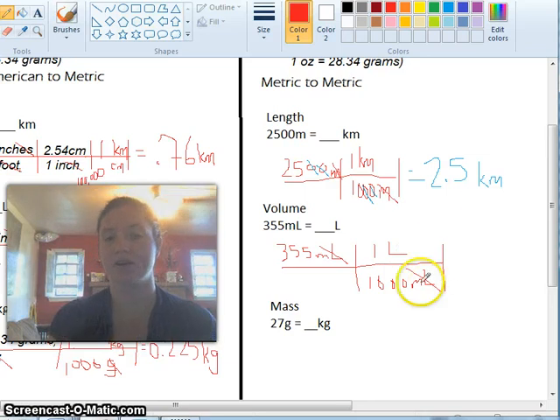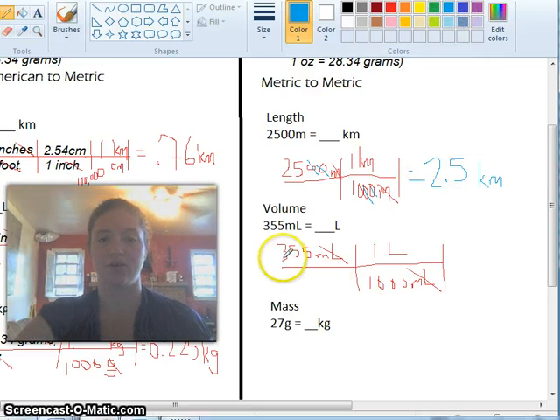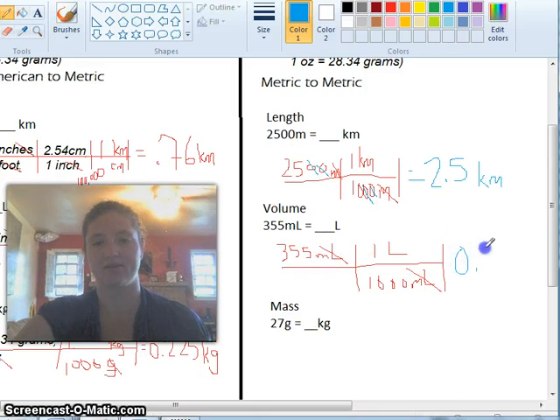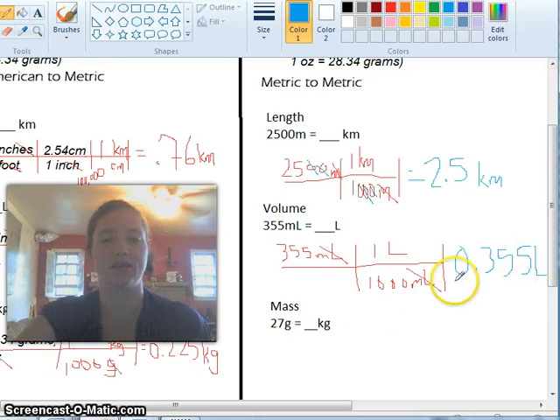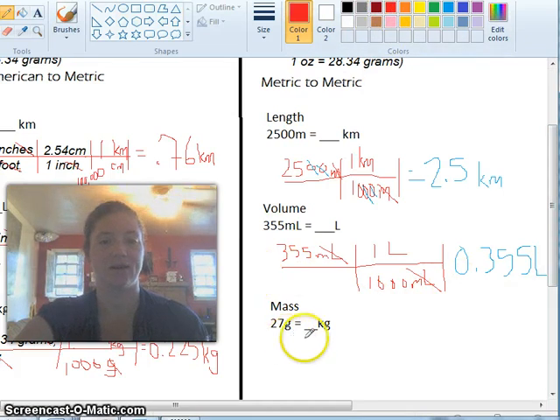Again, no extra funky numbers, nothing I'm going to need a calculator for. So I can actually go through, and it'll be 355 divided by 1,000, or 0.355. We should be able to do these things in our head. If you're not able to do these in your head, you may want to practice some of your basic arithmetic here.